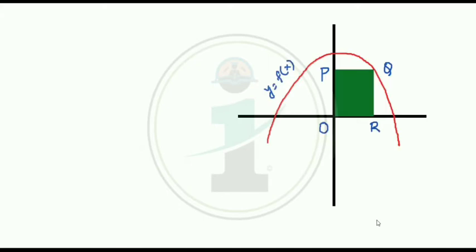So let's see how we can do this question easily. We have this figure with us. This is my x-axis, this is my y-axis. So what is f(x)? f(x) equals 24 minus 2x squared.